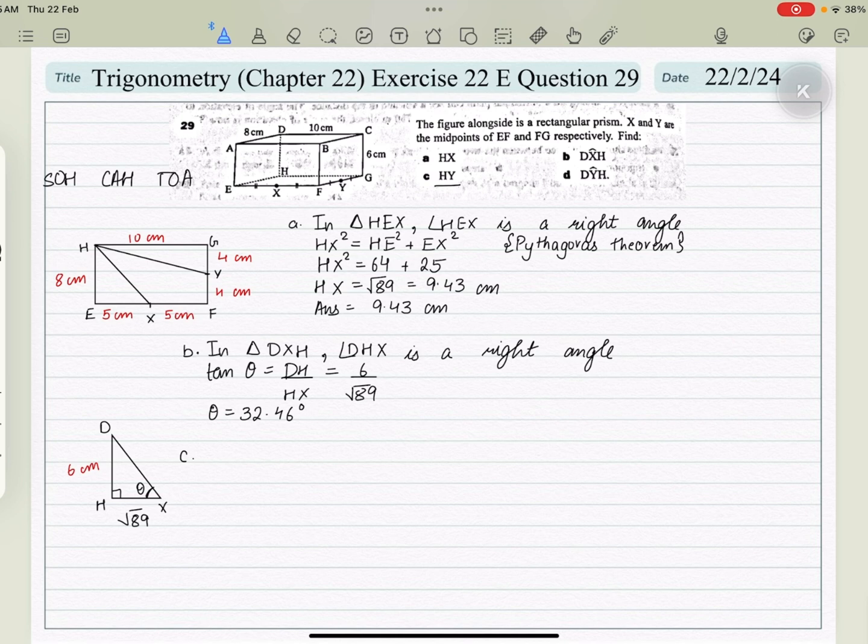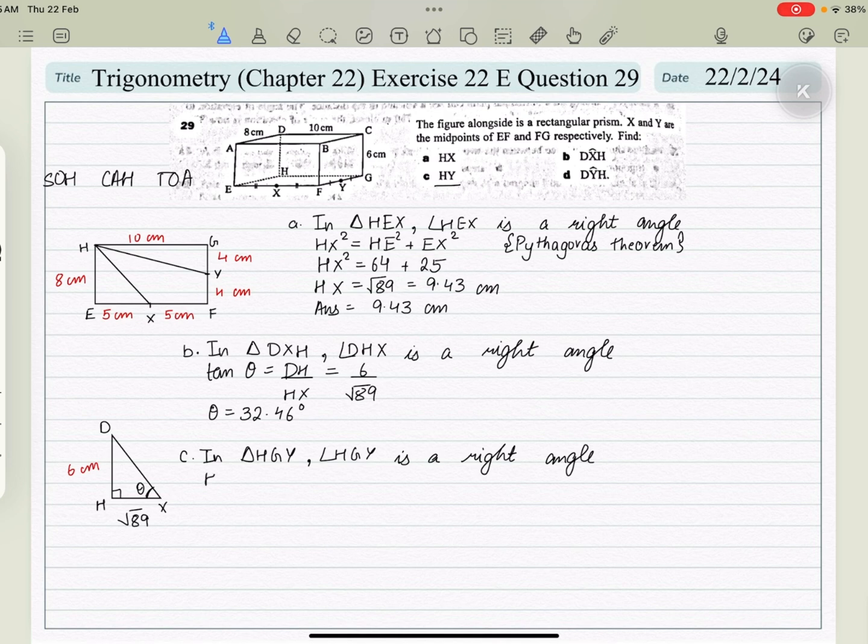HY. So from this figure, we can find HY by using Pythagoras for this triangle. So we can say in triangle HGY, angle HGY is a right angle. And thus, since it's a right angle, we can use Pythagoras here.